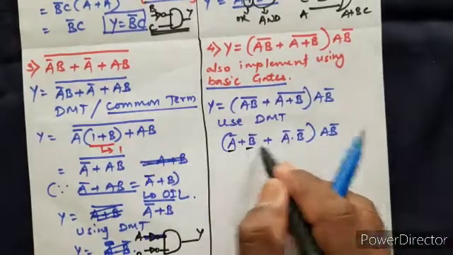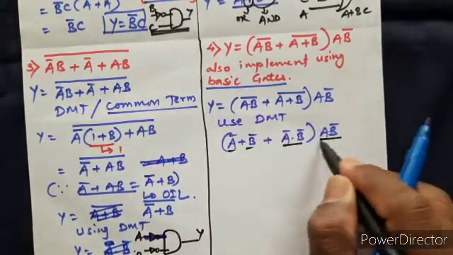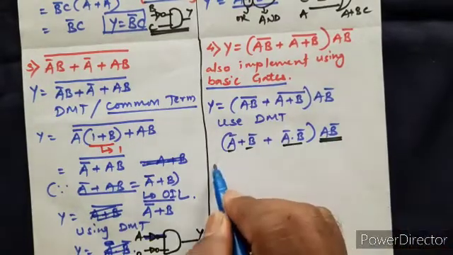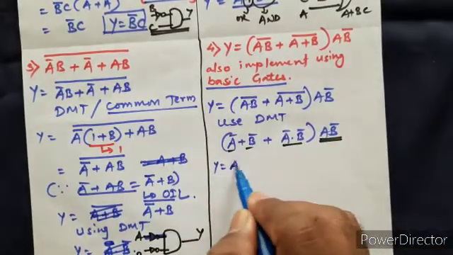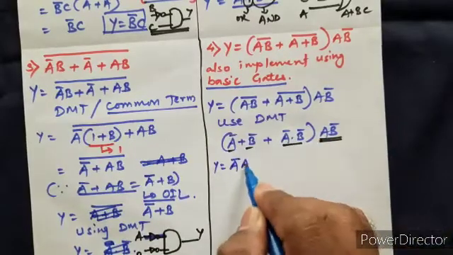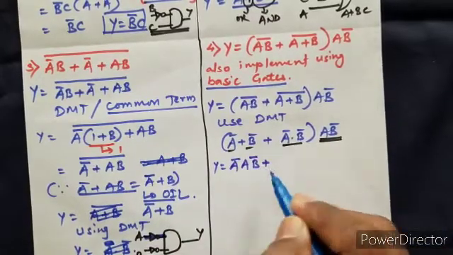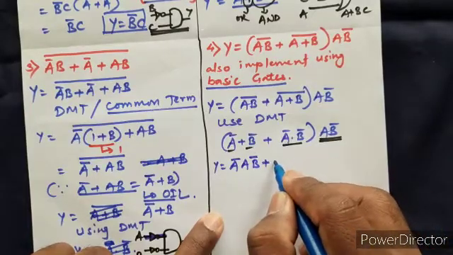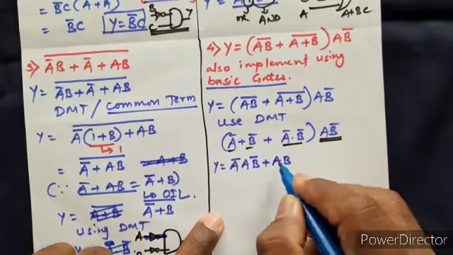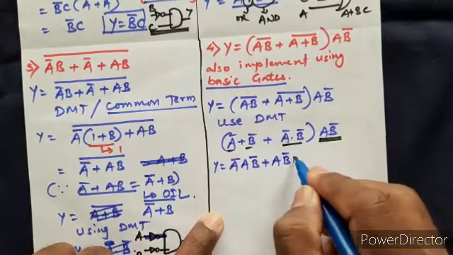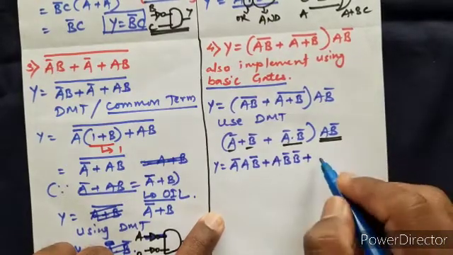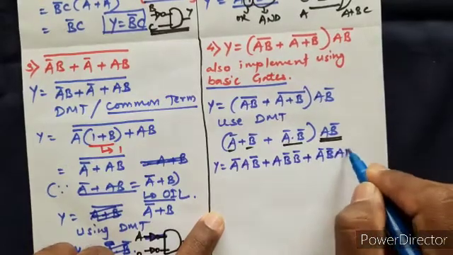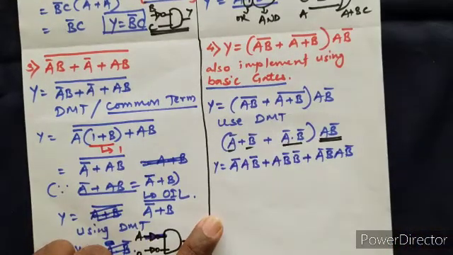So these 3 terms are to be multiplied with the outer term, right? So this becomes Y equals A bar into A B bar plus B bar A B bar plus A bar B bar A B bar.